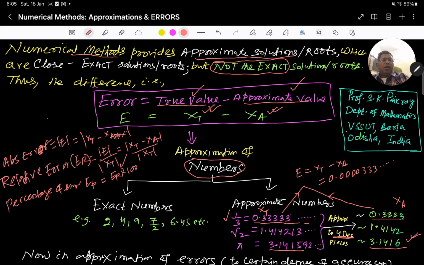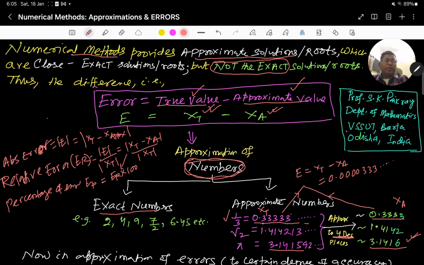Now the thing is, while we classify the numbers, we have exact numbers like 2, 4, 9, 7 by 2, 6.35, etc. If we are solving and getting exactly 2, we don't have any error.